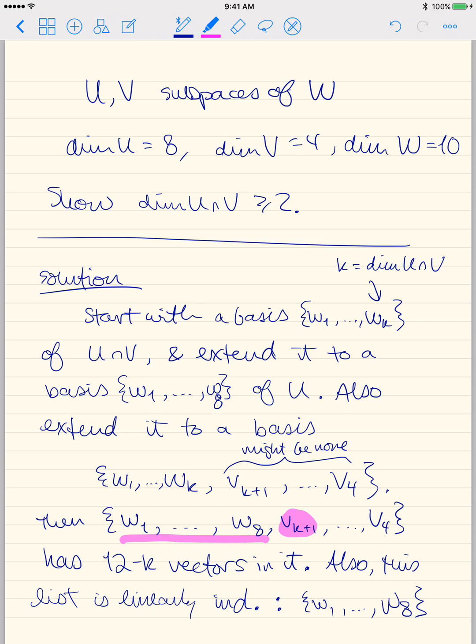Okay, that's good thinking. So we know that it's not in the span of W1 to Wk because those vectors are in this list.